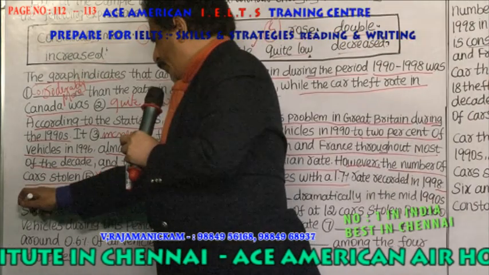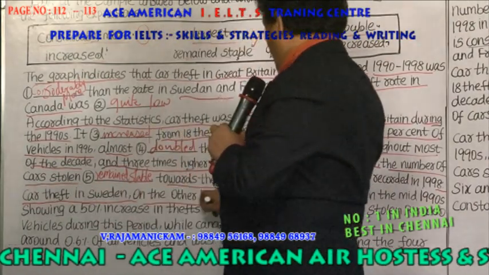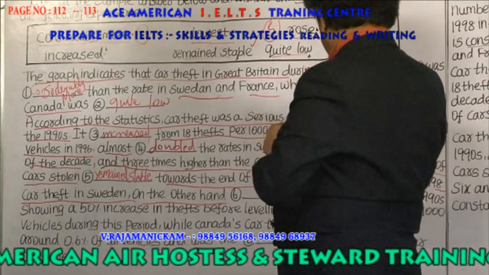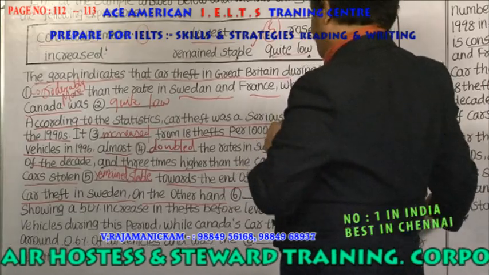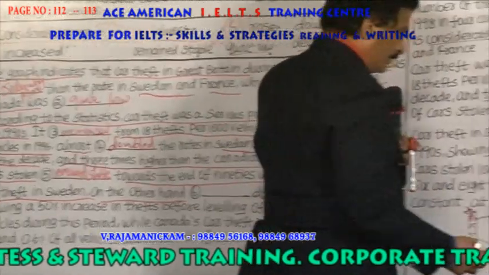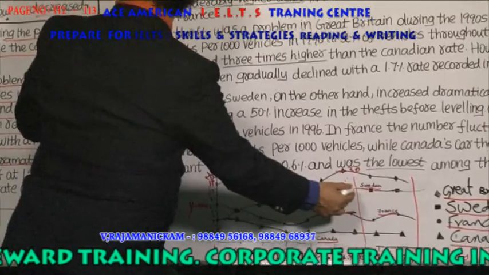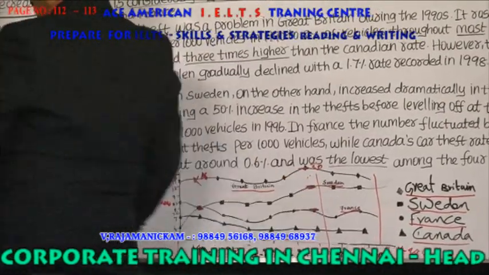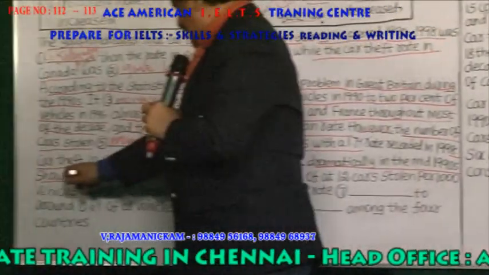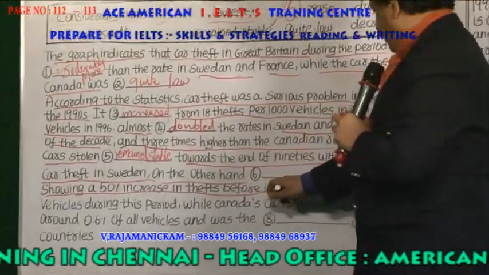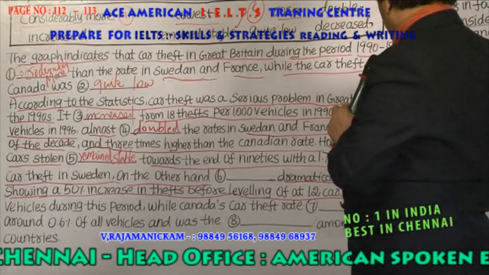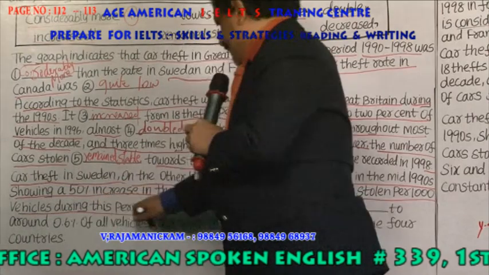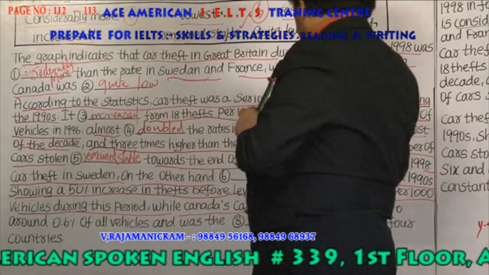Car theft in Sweden, on the other hand, what can you use? Dramatically in the mid 90s. So Sweden, this is the Sweden, 6th in the mid 90s, showing a 50% increase in the thefts before leveling off at 12 cars stolen per thousand vehicles during this period, while Canada's car theft rate.